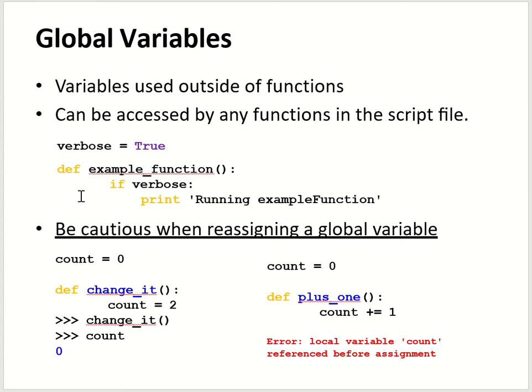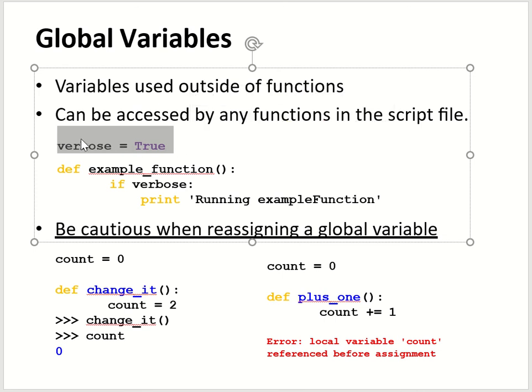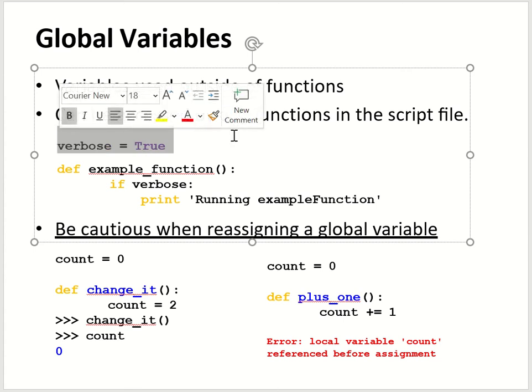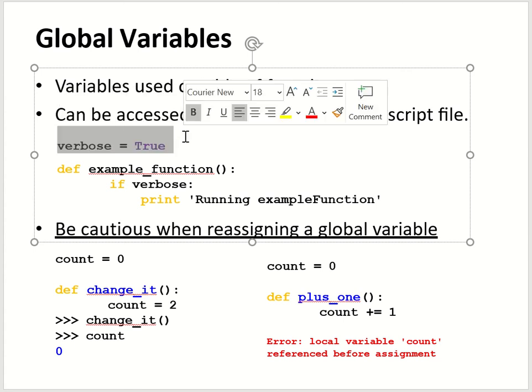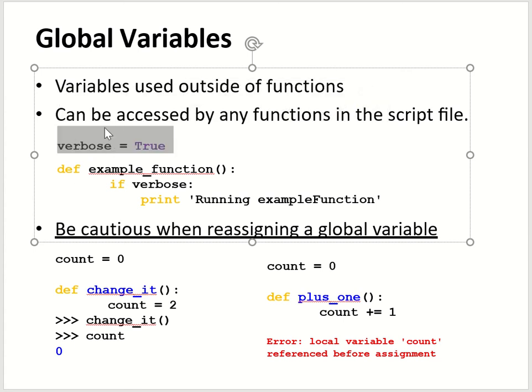Something else to mention, just global variables, things you might have trouble with in your code. If you have a variable that you want to reference multiple times in a script, maybe in different functions, with the same value, you can do so by assigning it a value, initializing that outside of a function, and then referencing it within.